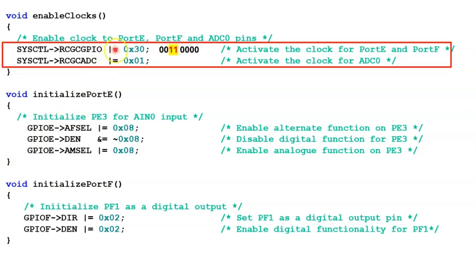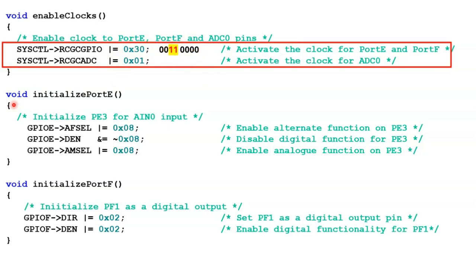And this is the bitwise OR assignment operator. It performs a bitwise OR operation between the current value of this register and this hex value, which in binary is this.